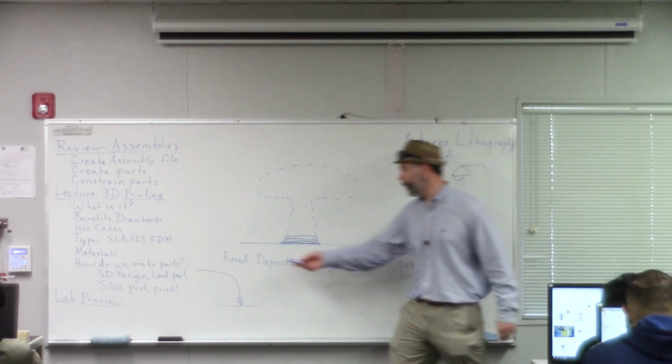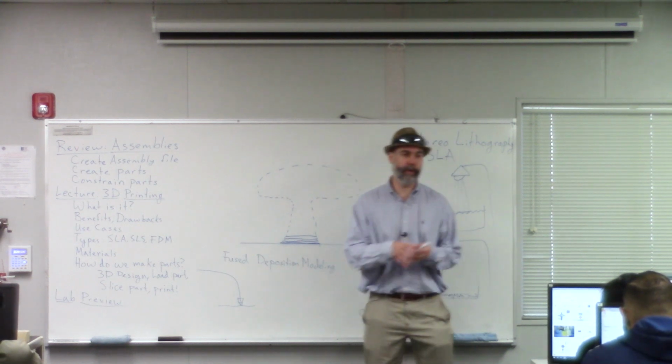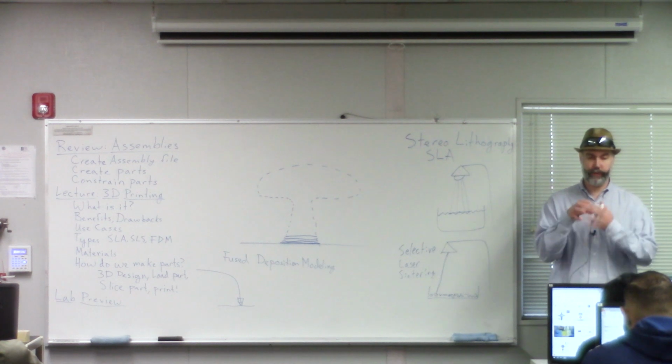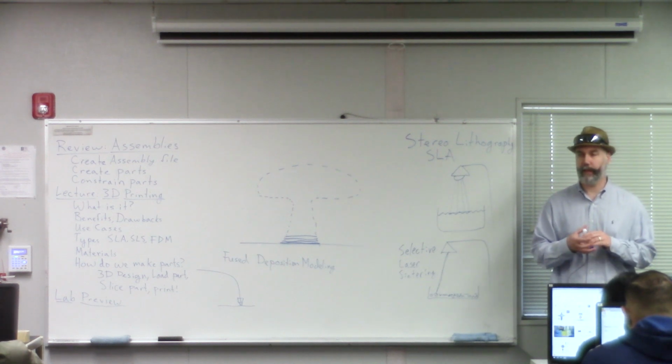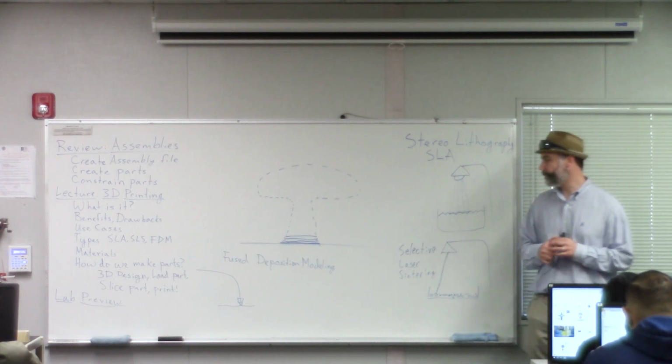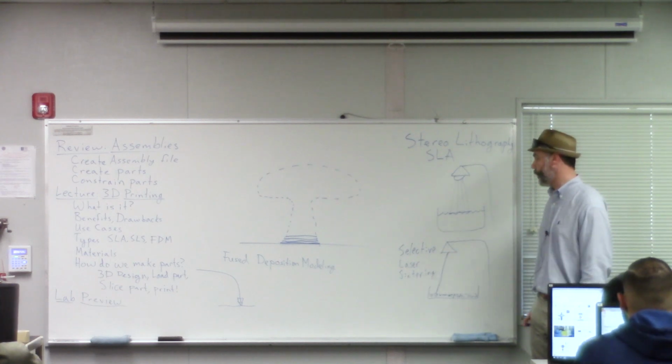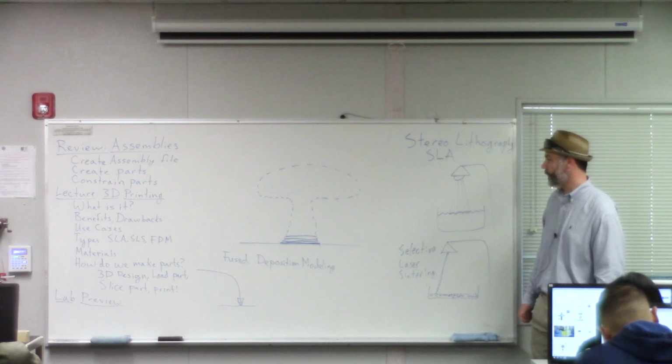So you print out the shape, and then you put it in the sintering oven afterwards to melt those particles and make it stronger that way. Okay, so yeah, there are some pretty amazing materials these days.